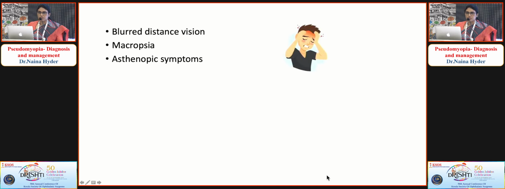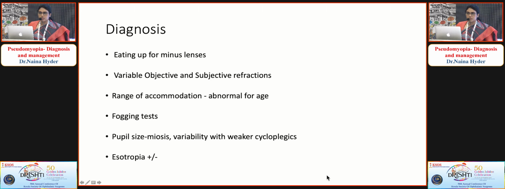Usually these patients come with blurred distant vision, macropsia, asthenopic symptoms, headache, eye strain. The child or the adult will eat up the minus lenses, because if you give 0.25, 0.5, they just go on accepting, happy to accept more and more.